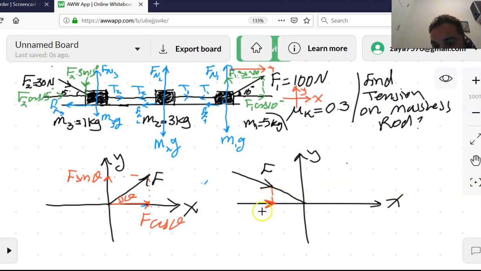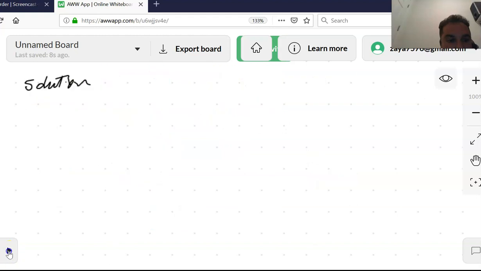They have to be in the same direction. So this will be F cosine theta, and this will be F sine theta. Do not forget this, please. Okay? So let's do the solution actually.